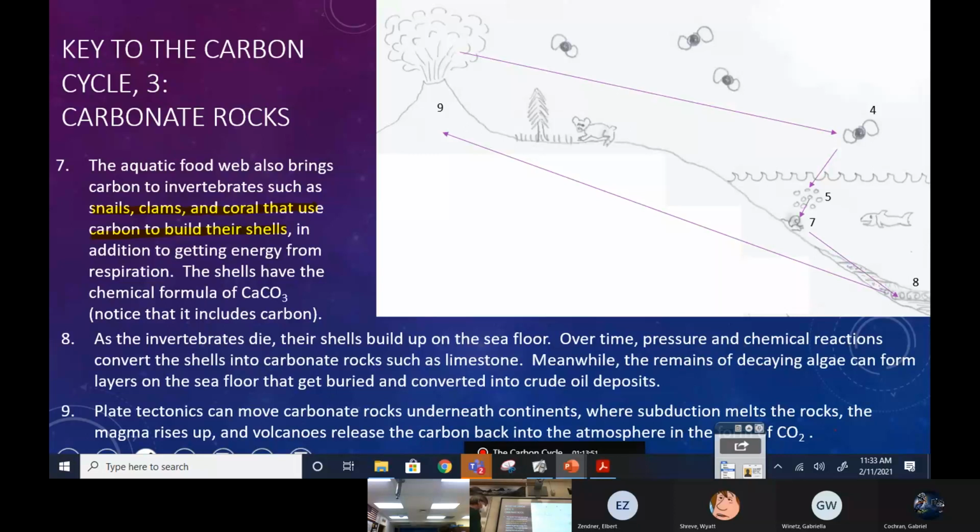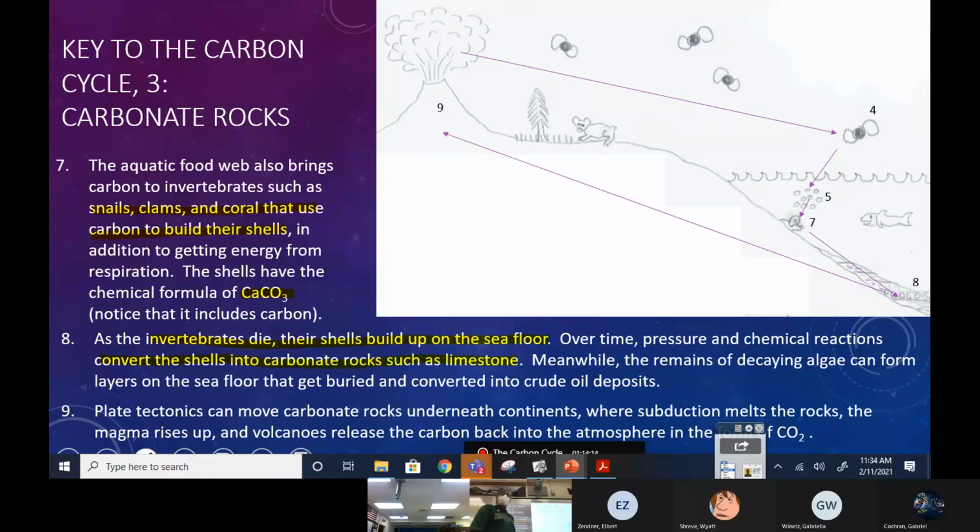The shells have the chemical formula of calcium carbonate. Then, as they die, their shells build up on the seafloor. And the shells become carbonate rocks.